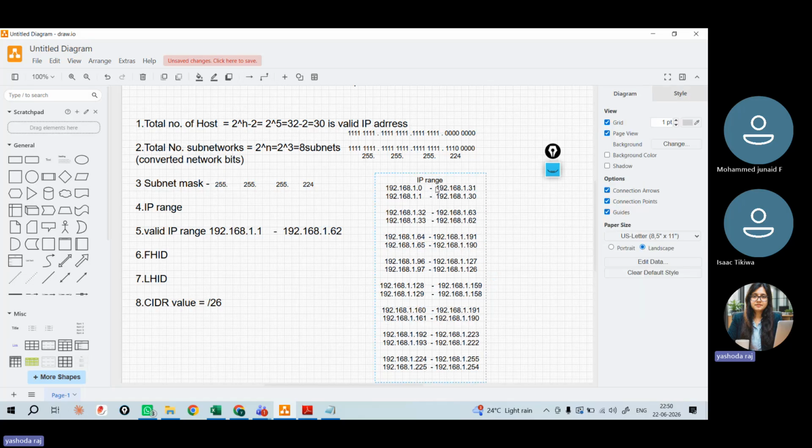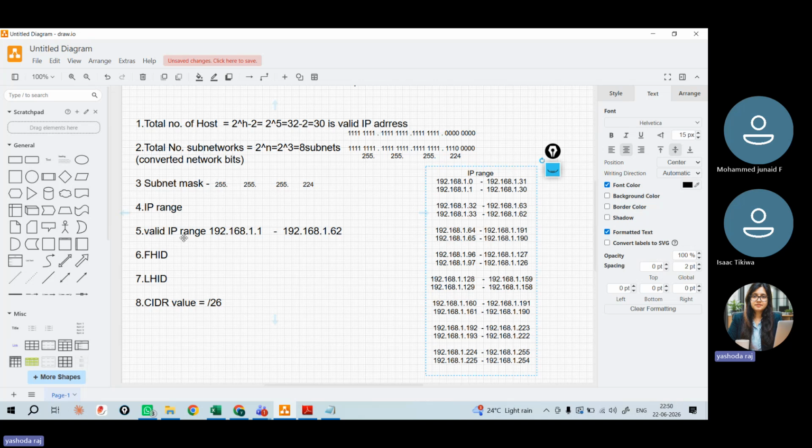This is the IP range and the valid IP range. For the IP range, you should write for 8 networks: 1.0 to 1.31 is one network, 1.32 to 1.63 is the second, 1.64 to 1.95 the third network, like that. And then the valid range, you should write.